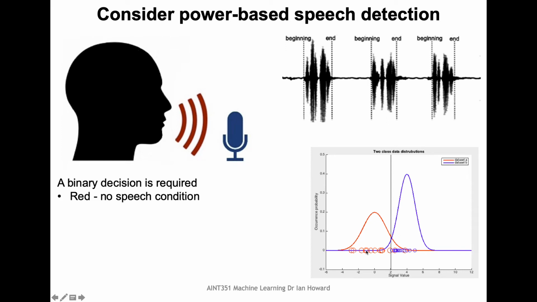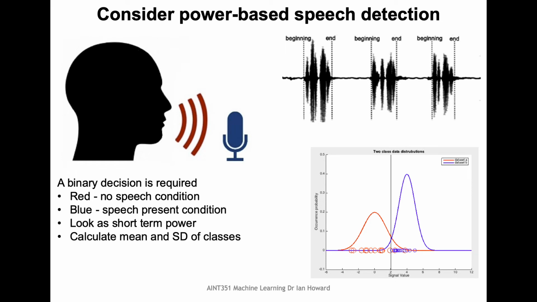What we need to do then is distinguish this red no speech condition from the blue speech condition, just in terms of the short-term power. The first thing we're going to do is calculate the mean and standard deviation of these two labelled classes of data. Then I've plotted the corresponding Gaussian on top of the data to give an indication of what these two distributions would look like if they came from a Gaussian distribution.